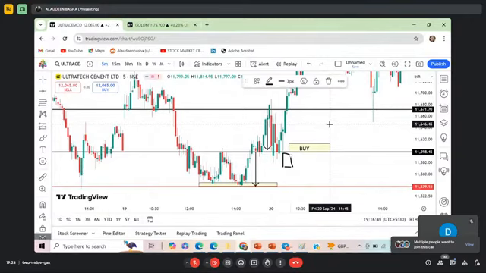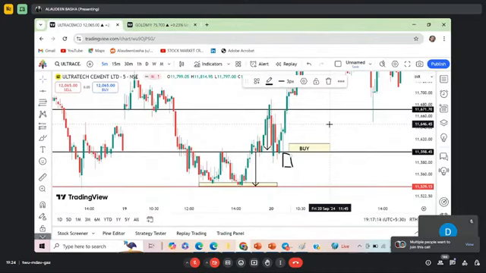Double top and double bottom is the easiest way to find your trade in the stock market. If you backtrack any script, you can see a lot of double tops and double bottoms. But you don't trade all of them. If the market is high and a double top occurs, you go for sell. If the market is in downside and a double bottom occurs, you go for buy.